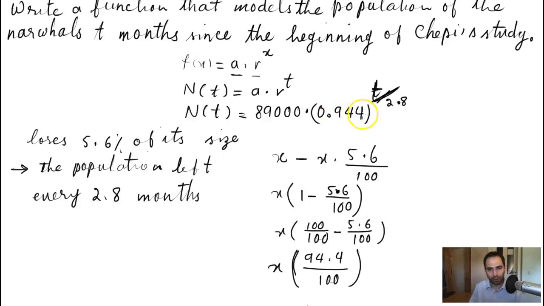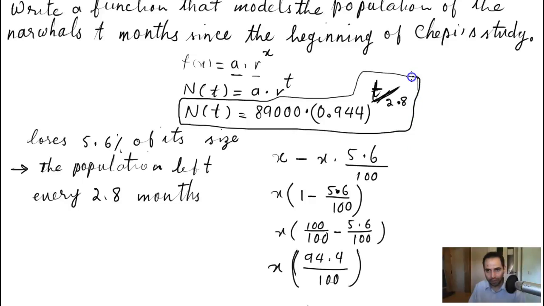And 0.944 is multiplied by this population, which loses 5.6% of its size, and then this much remains, and the same thing happens over and over again. So the equation we were looking for is 89,000 times 0.944 raised to the t over 2.8.